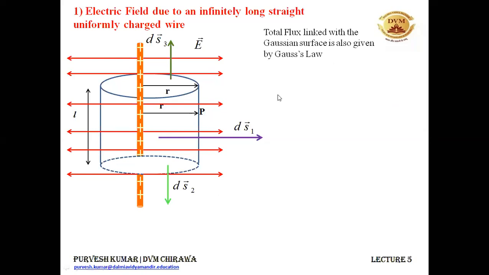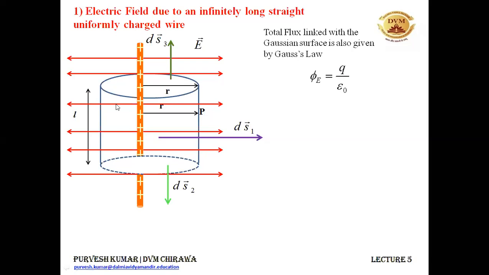We will get the value of the total flux. All right. Phi E is equal to Q upon epsilon naught. If somehow we get this Q, we will get the value of phi E by dividing that Q by epsilon naught. So Q is the charge enclosed by this Gaussian surface.